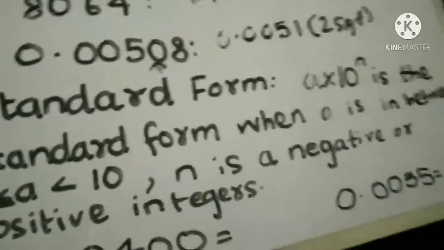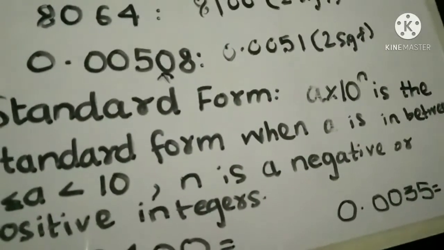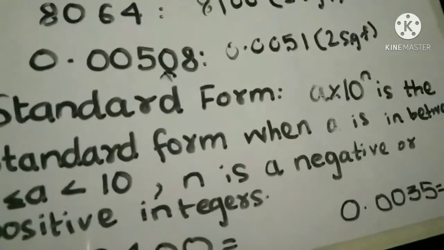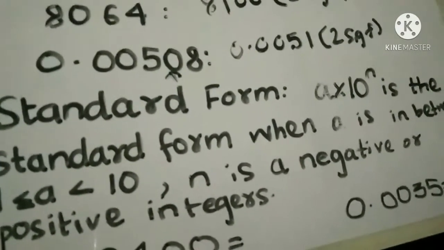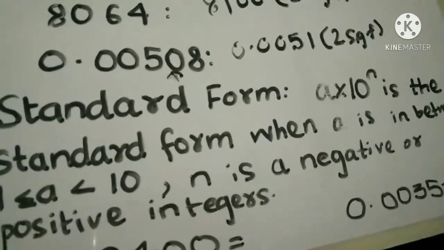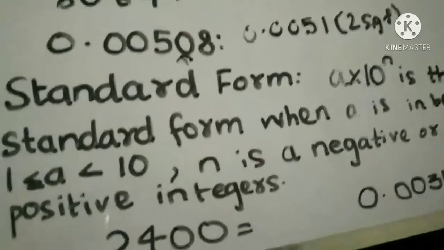Standard form. The standard form is a times 10 raised to power n, in which a is between 1 and 10 and n is a negative or a positive integer.